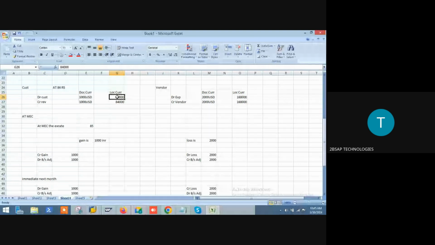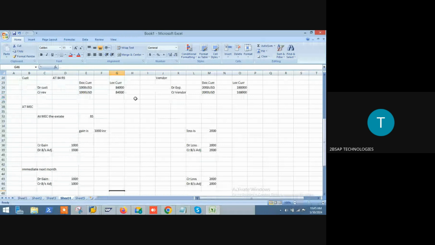Always at the time of clearing your line items, your local currency amount should be 0. Your debit and credit amounts of your local currencies should be 0. But here how much is there, sir? 84. Here you are having 86. So you are going to get 2000 as a difference.